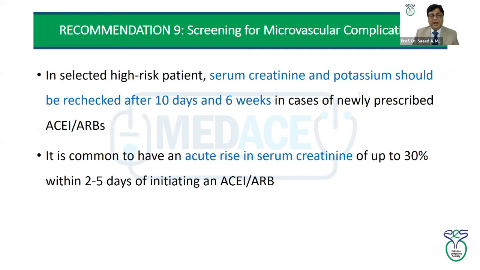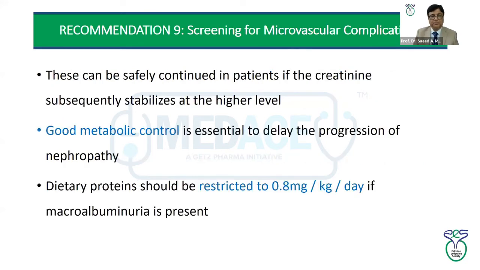In selected high-risk patients, serum creatinine and potassium should be checked after 10 days and 6 weeks, as already mentioned, when an ACE inhibitor or ARB is newly prescribed. It is common to have an acute rise in serum creatinine of up to 30% within 2 to 5 days of initiation, and usually it remains the same or reverts back to the normal level. So we must look at the creatinine level at day 10 and after 6 weeks.